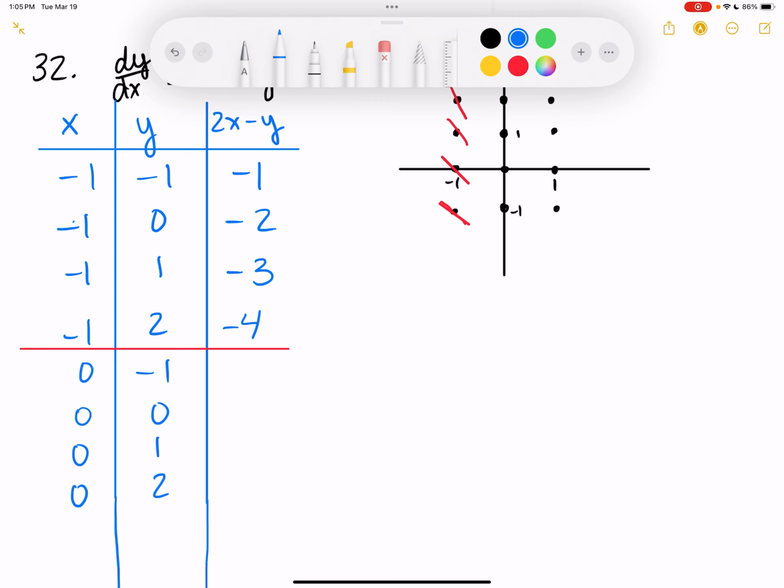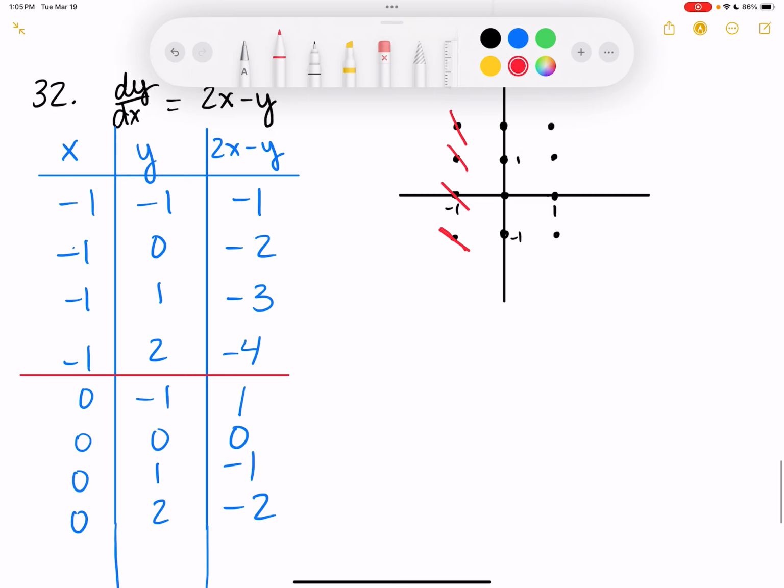So 0, -1 gives us 1. 0, 0 gives us 0, 0, 1 gives us -1, 0, 2 gives us -2.